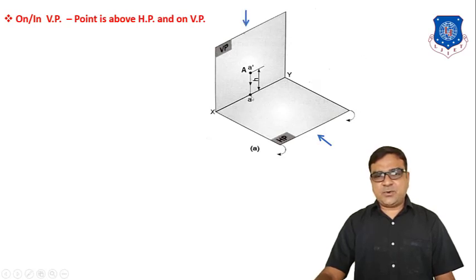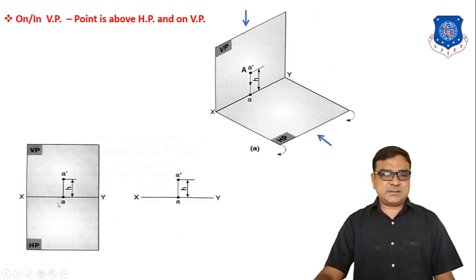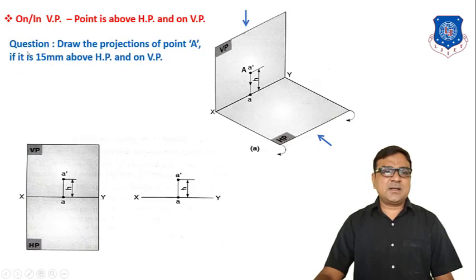When you look from the top, the projection of A on the horizontal plane is small a. By moving the horizontal plane clockwise 90 degrees, it looks like this: XY, on which the top view small a lies, and our front view A dash is above XY. Generally it is represented on a drawing like this.